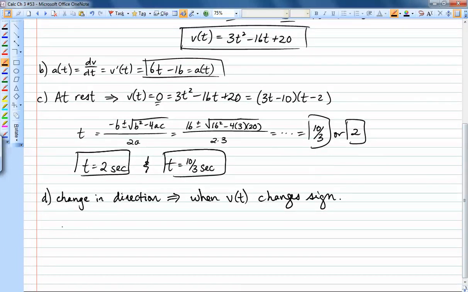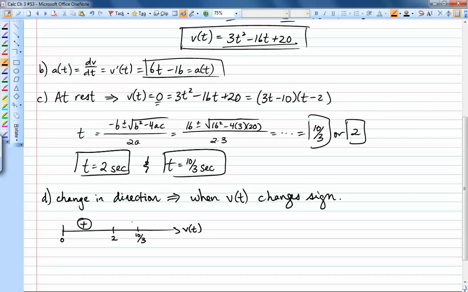So if I make a sign chart here, I'm going to start it at 0 seconds and put 2 seconds here and 10/3 here. This is my velocity line. If I plug in some sample numbers between 0 and 2, like 1, into my velocity function up here, I'm going to get a positive number.